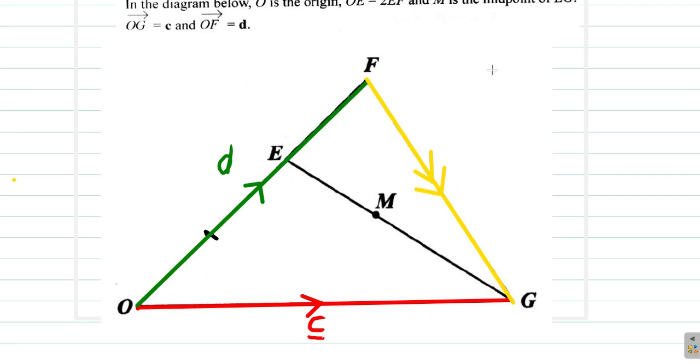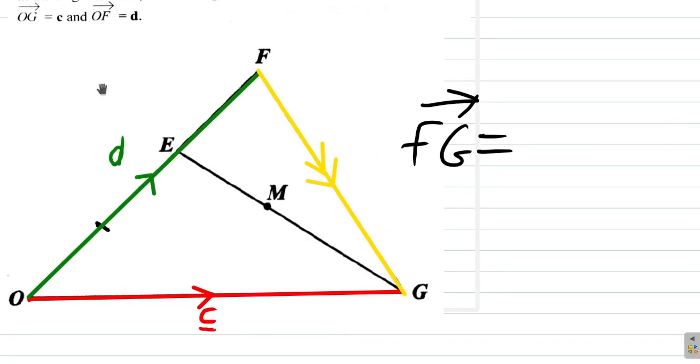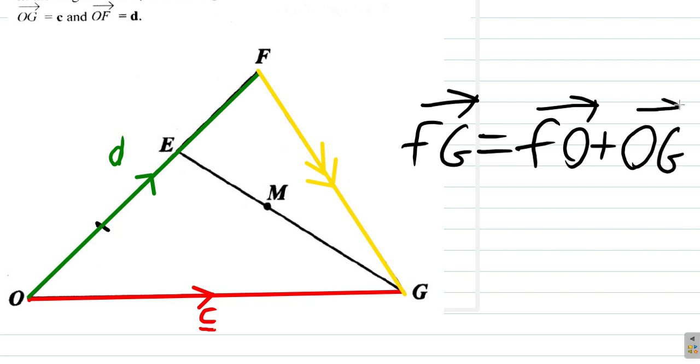So here now, if you go from F to G, you end up in the same place as if you go from F to O and then turn the corner at O and go O to G. You see that?